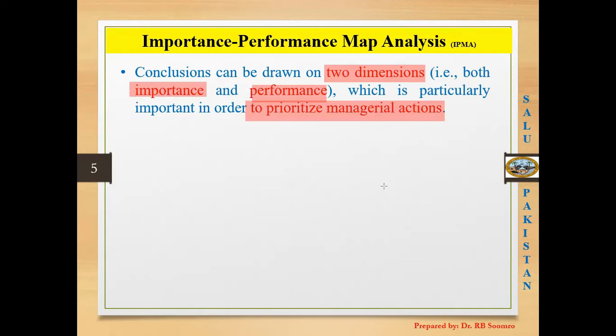That means if a construct is important and its performance is good, then we have to decide on certain actions based on this. If a construct's performance is not good but it's important, then what should we do to enhance the performance of that construct? So these are the managerial decisions. This technique is very important for determining the managerial actions.